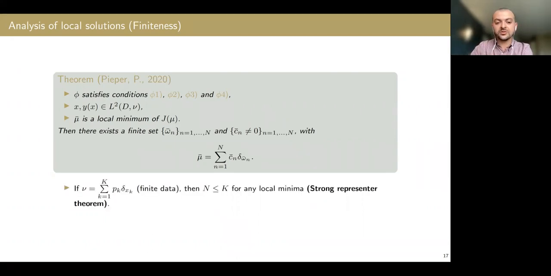On top of that, there is this strong representer theorem, which says that if you start with finite data, then the size of your network, for any local minimum, is not going to exceed the size of the data. This is a strong representer theorem because, first of all, it holds for any local minimum.